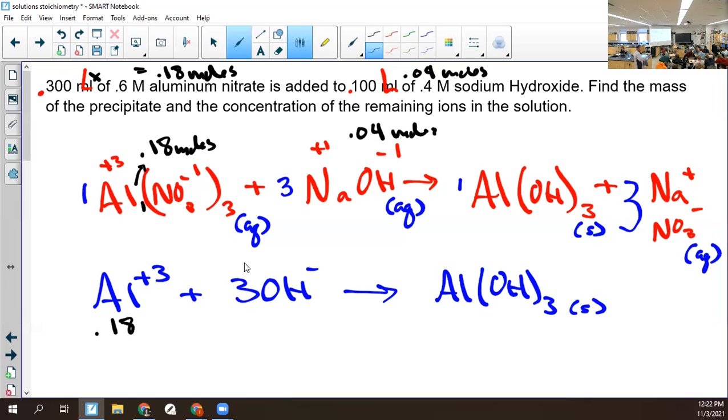Now, Gabe, you're the one that said that, right? He said 0.54, which is an answer. What would 0.54 be? That's how many moles of NO3 I'm going to have. I'm going to put it right here. 0.18, 0.54. Does everyone understand where 0.54 came from?